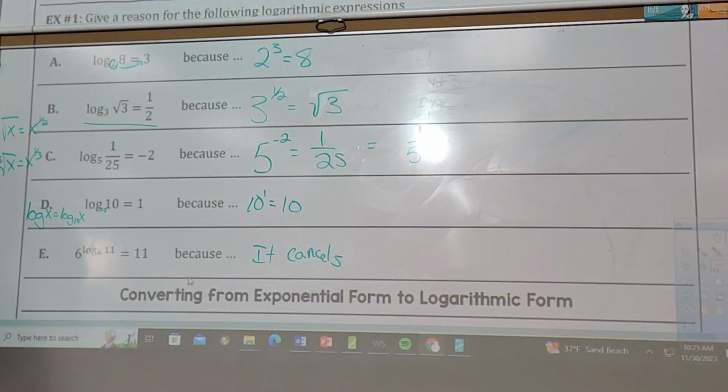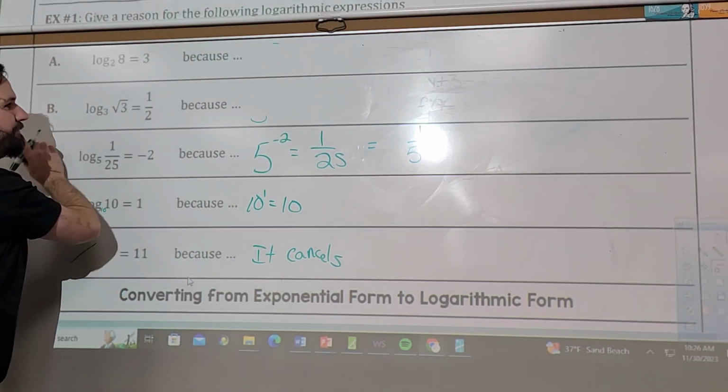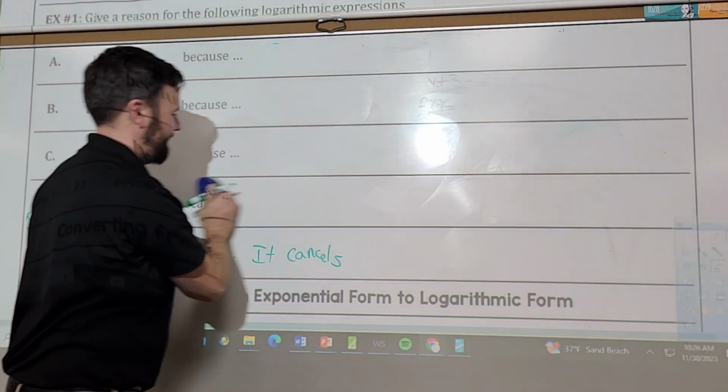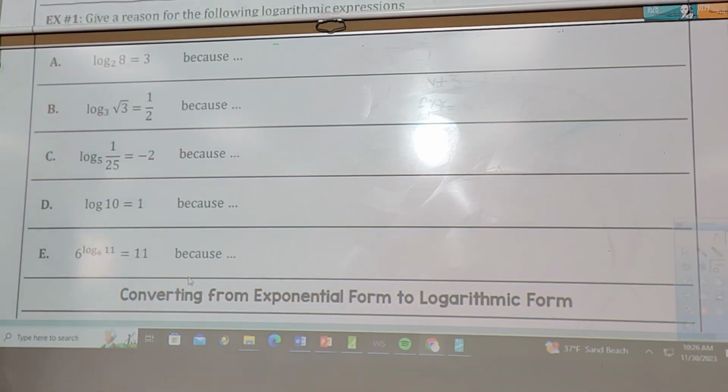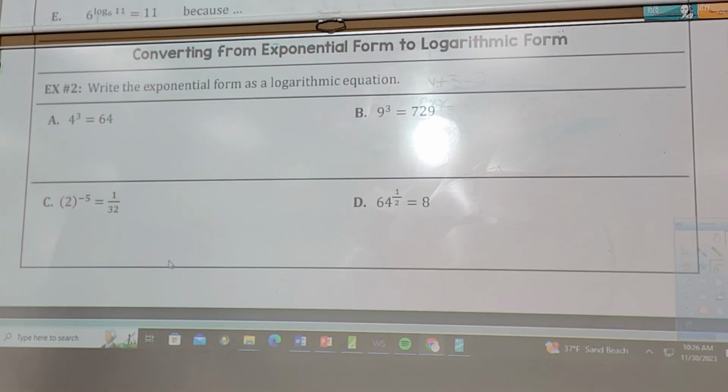You guys okay with that? Do you guys want to know proofs of why it works? These ones it helps, right? They won't ask you why on that one. I hope not.